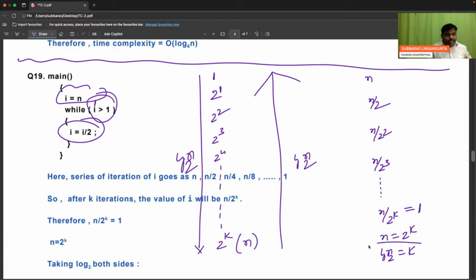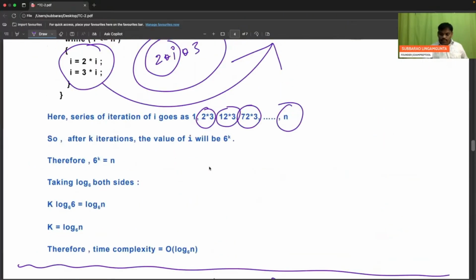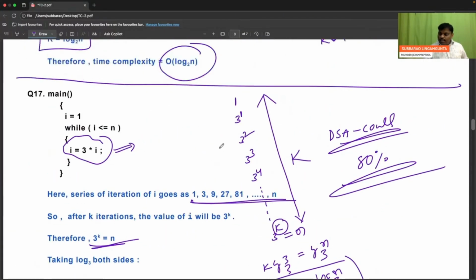Whether you do into 2 or divide 2, both are the same. If you do into 2, it is increasing: start from small, always double, that is also log n. Start from big n, always do half, that is also log n base 2. This is the proof. In the case of double or triple, the power increments upper.